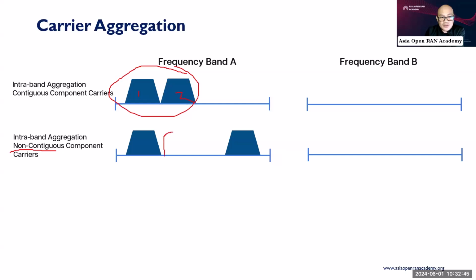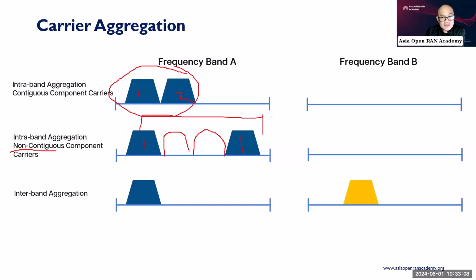Maaring meron ditong isang operator, okay, na kanya yan. Tapos ito si operator 1. So pwede pa rin natin pagsamahin yan. Ang tawag natin is intraband non-contiguous component carriers. Okay? Pwede ba sir magkaiba ng frequency? For example, 900 megahertz at 2100 megahertz.